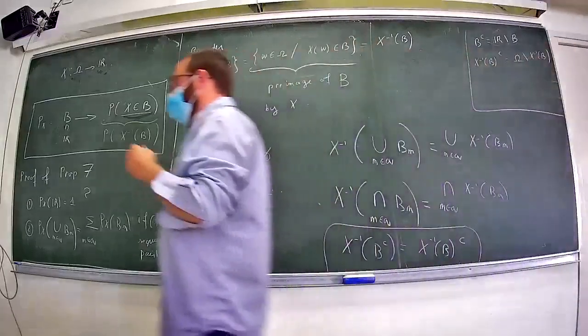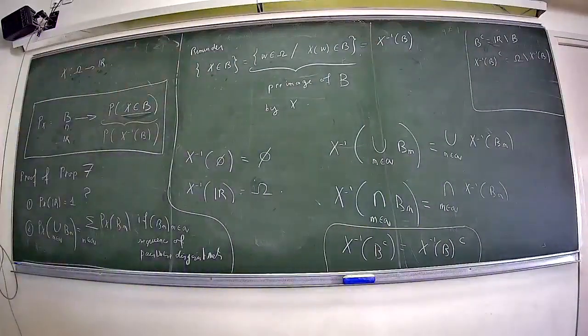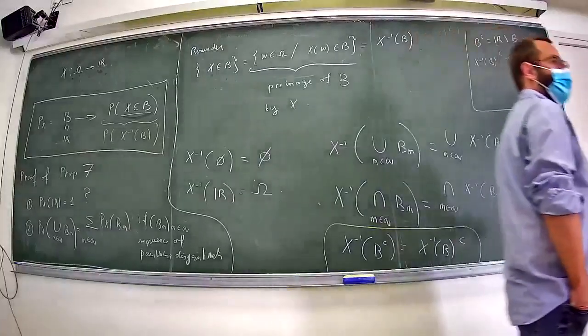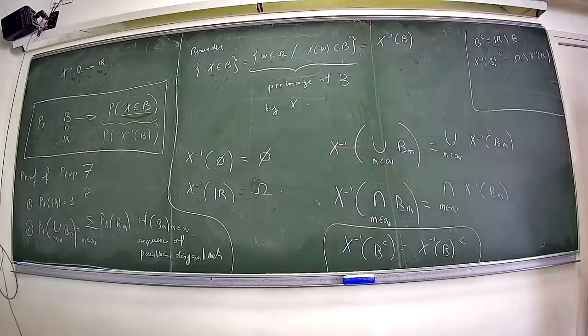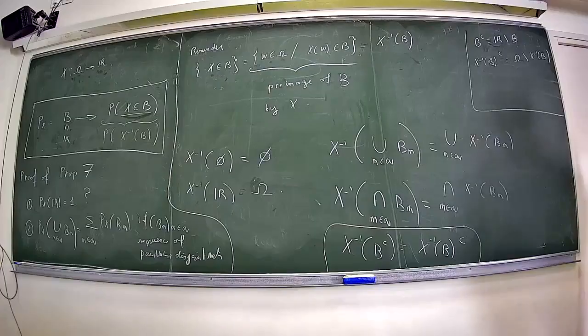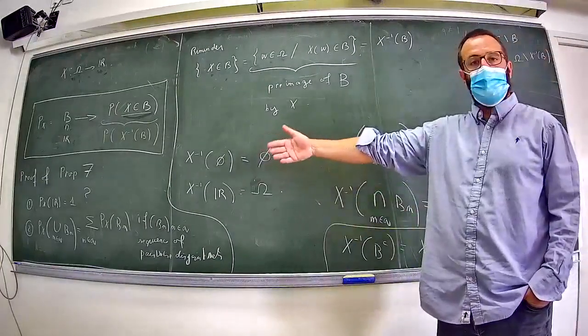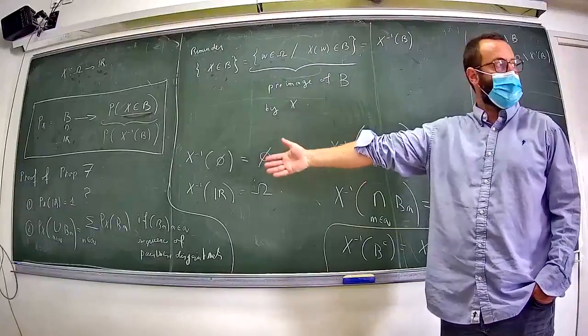Okay? And you are going to see that it's very basic to prove both, but having in mind what I have reminded on the preimages. That's exactly what we are going to do here to prove 1 and 2 in the case of Px, to prove that it is a probability. That will be a new probability that we will call the distribution of the random variable capital X. So don't be surprised, it's exactly the definition we have seen together in the first class.